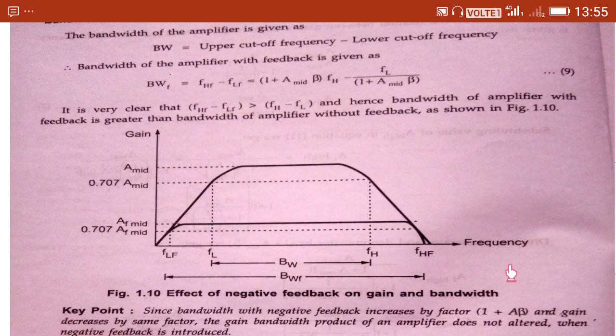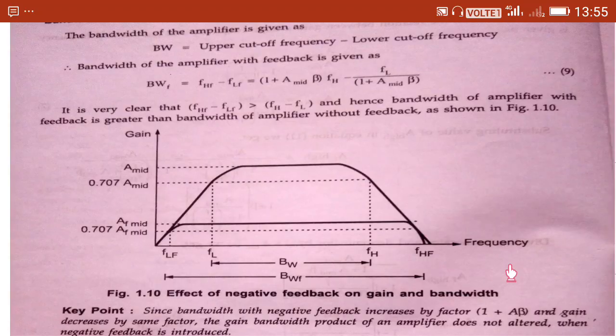That particular frequency is basically FL, lower cutoff frequency. And in higher frequency region, the frequency at which the gain becomes 0.707 A mid is basically the higher cutoff frequency FH.